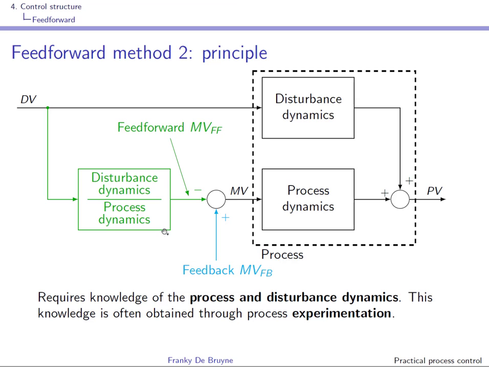And the feed forward action, in words, is the disturbance dynamics over the process dynamics with the correct sign minus here, so that you have this second influence path that in theory will perfectly compensate the first influence path.